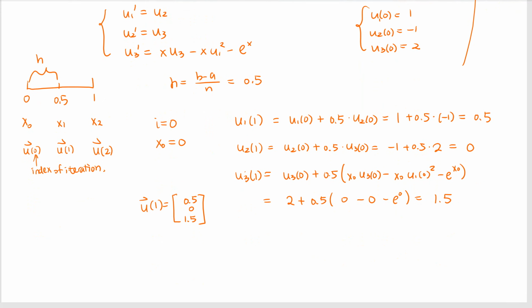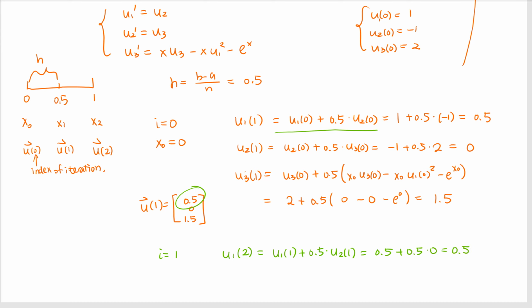Okay. Next step. When i equals 1, similarly we just increase the index. So u1 of 2 is u1 of 1 plus 0.5. See, we just increase the index from the previous formula. And what is that? u1 of 1 is 0.5 plus 0.5 times u2 of 1, which is 0.